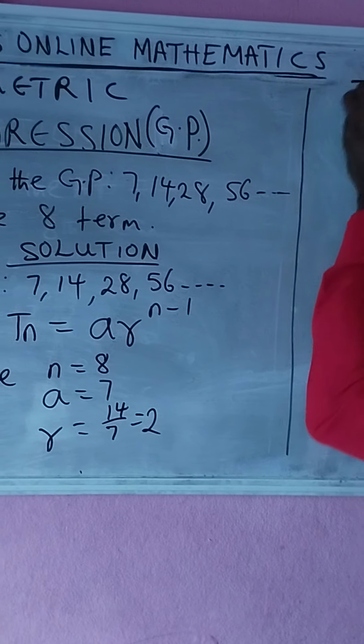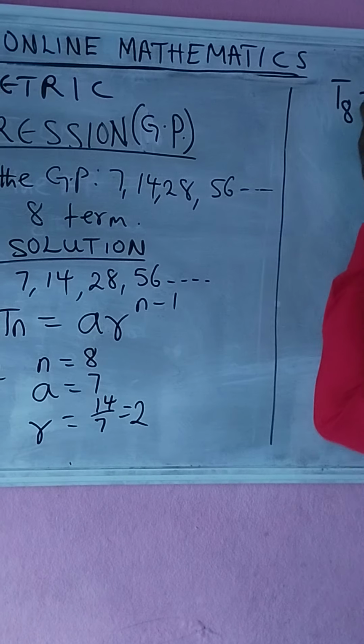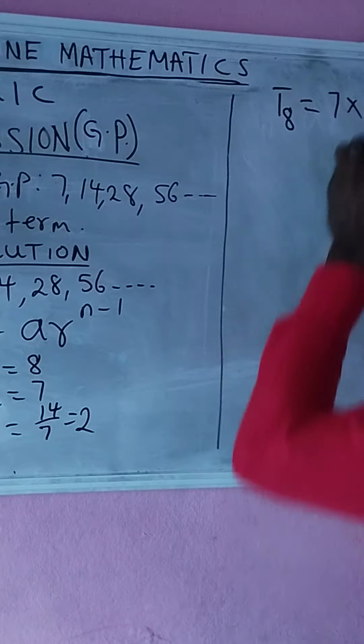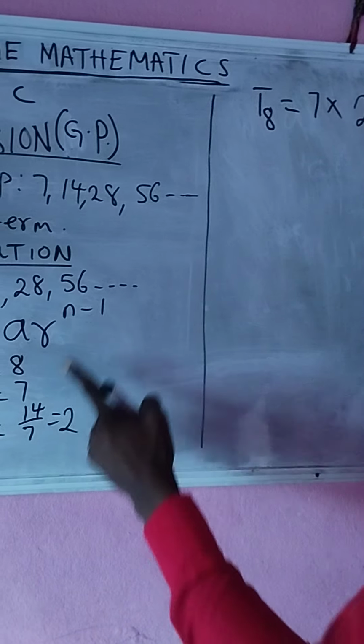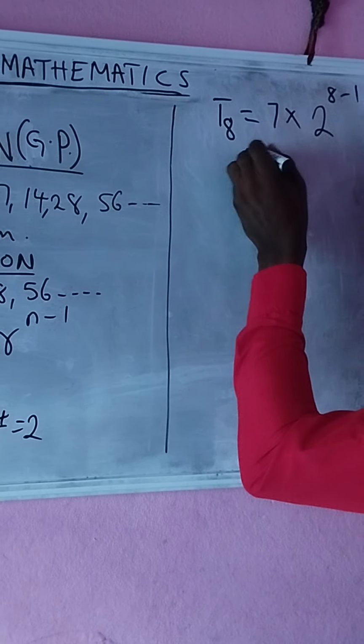Tn becomes T8 equals a, which is 7, times r, which is 2, raised to the power n minus 1. That's 8 minus 1.